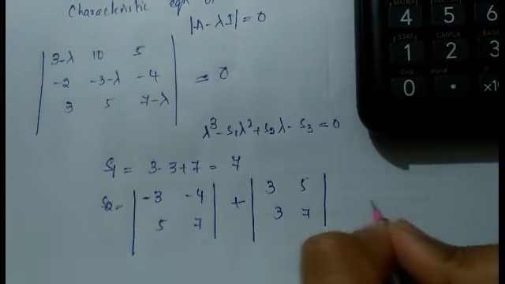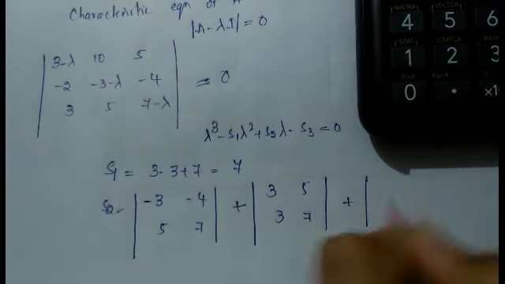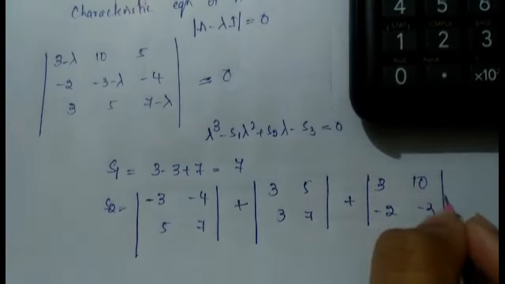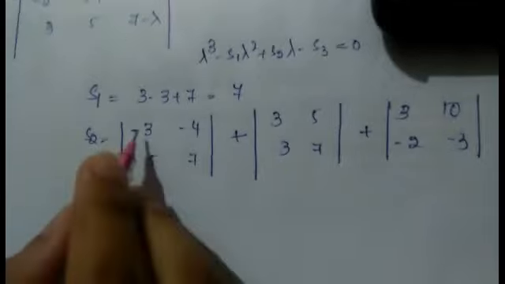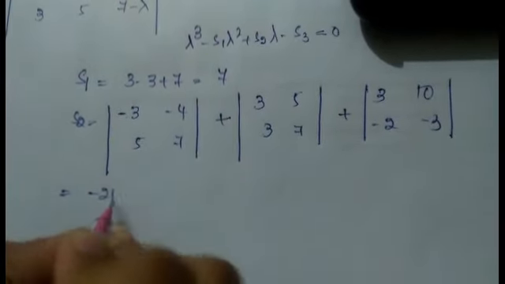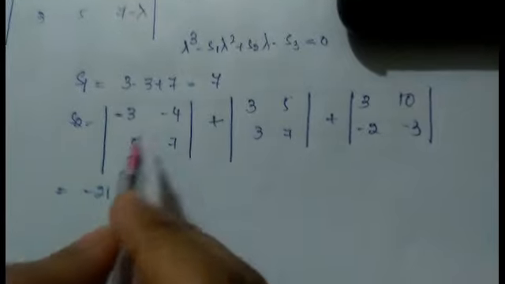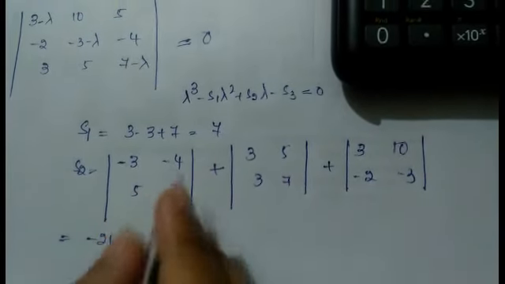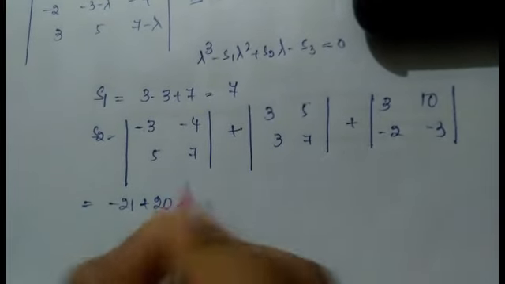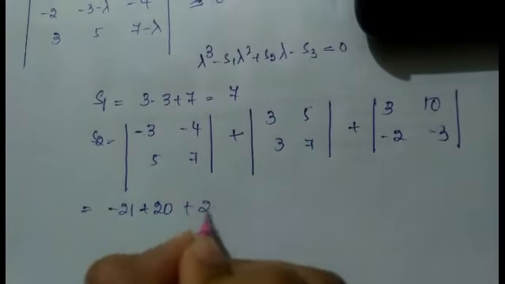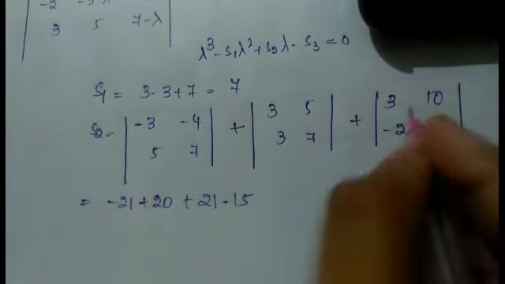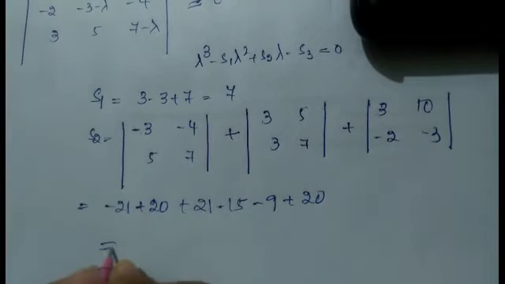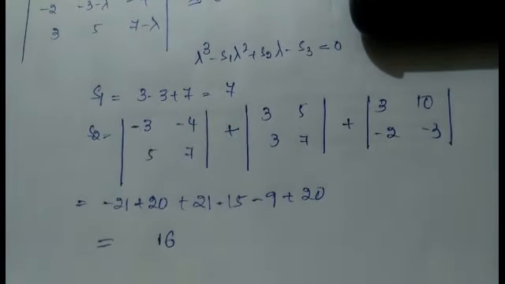This is the minor of minus 3. And 3, 10; minus 2, minus 3. This is the minor of 7. When we solve, minus 3 into 7 is minus 21. Minus 4 into 5 is minus 20, and when we subtract, it becomes minus of minus 20, that is plus 20. Then 21 plus 21 minus 15 minus 9 plus 20. So here we get 16.